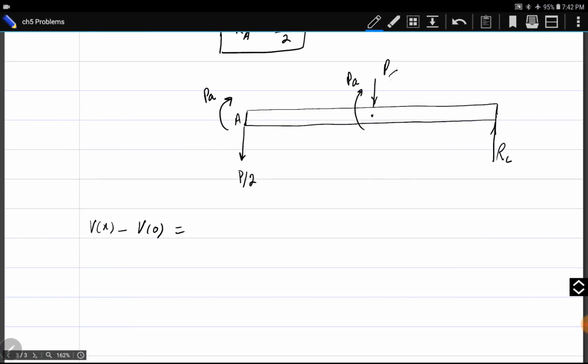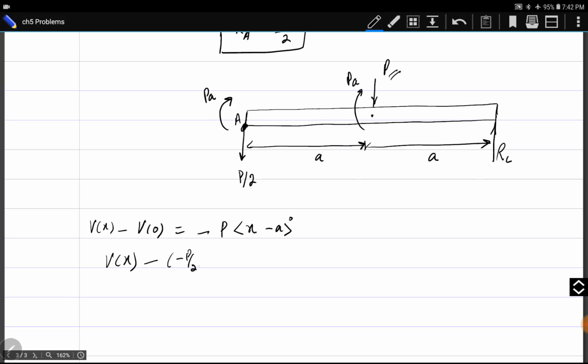For this downward force P, it will be minus P into x minus its distance from the right end was given to us. Here it is also a, x minus a power 0. What is V naught? V naught is the upward force at the leftmost end. So here we have a downward force P by 2. In this case, V naught is minus P by 2. If it was upward, I would have kept it positive.